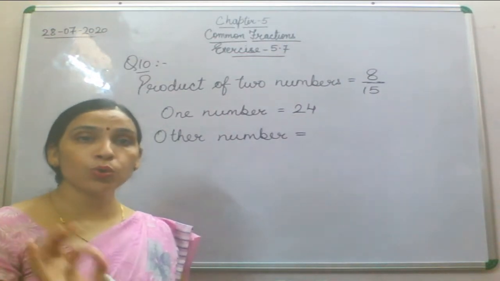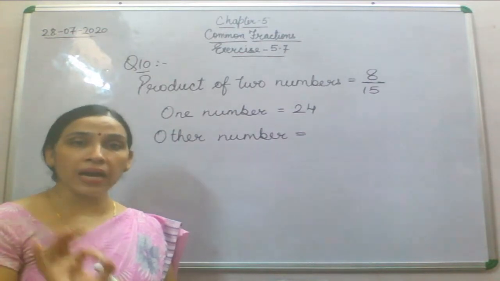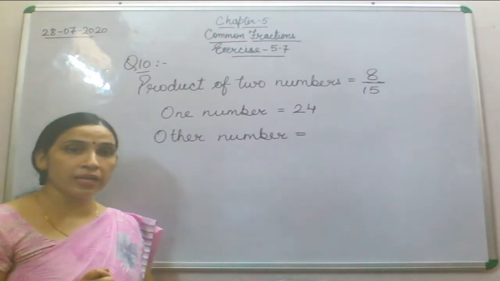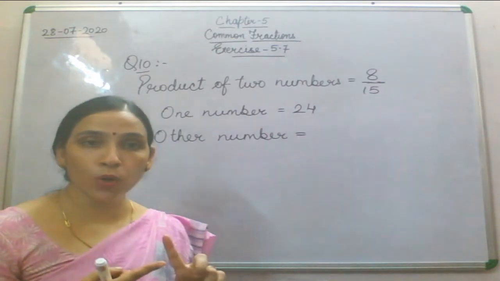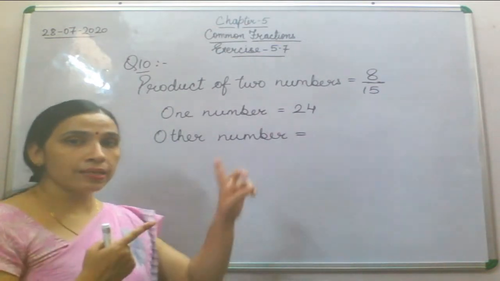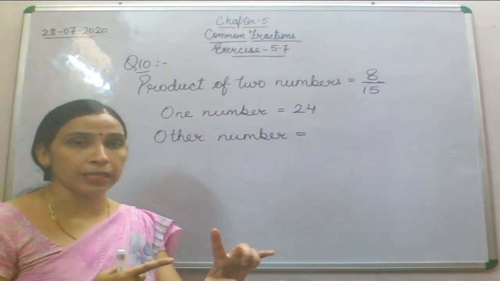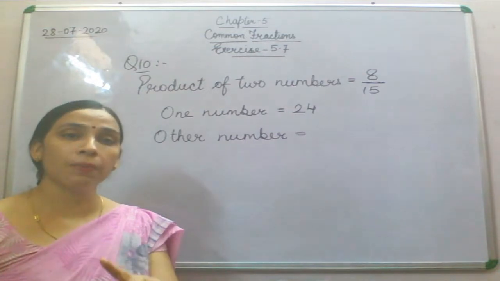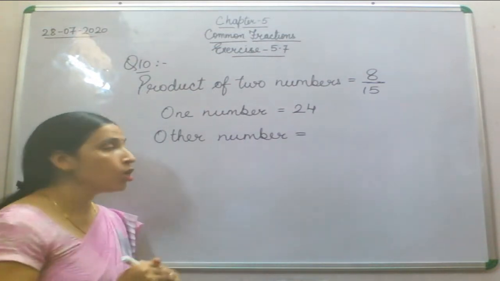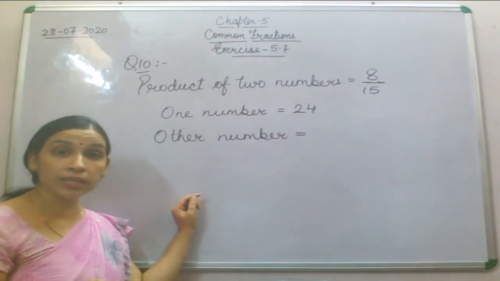You are going to do these steps while finding the other number. See again what is given to you. You have been given the product of two numbers, that is 8 by 15, and along with that one number, that is 24. So how will you find the other number?